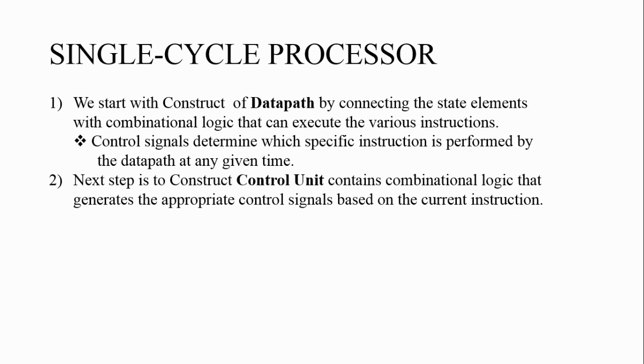First you design a data path used for connecting the state elements and combination logic. Next you design the combination logic itself, known as a control unit, which controls which instruction should be executed using the data path.